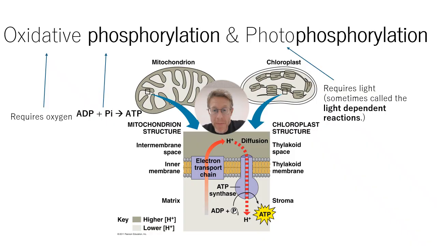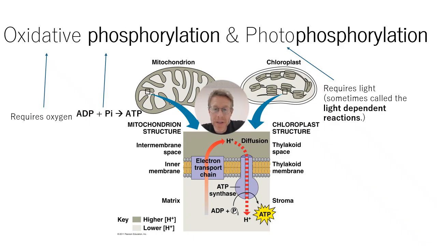Those hydrogen ions are then used to create ATP in this way. So what happens is the hydrogen ions will flow down through a special protein called ATP synthase. It's sort of similar to facilitated diffusion. So the hydrogen ions are going down their concentration gradient after they've been pumped first into that space.